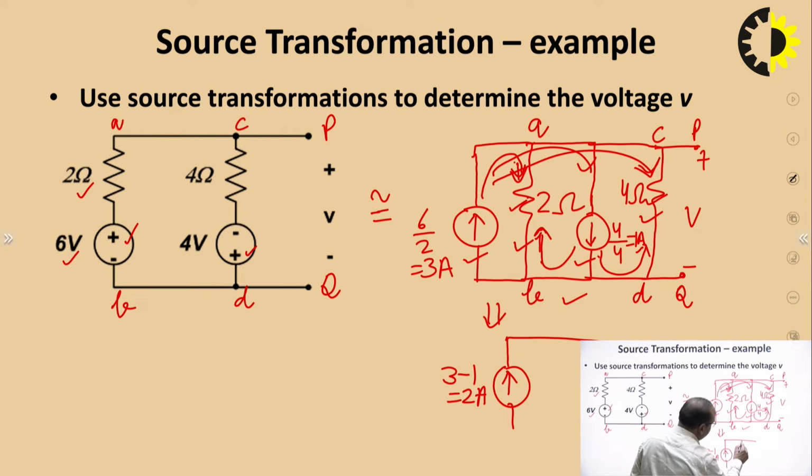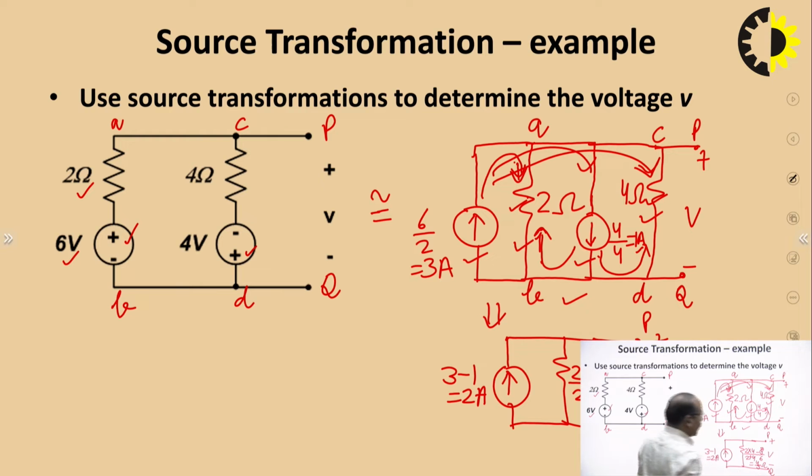And another thing, the equivalent resistance of 2 ohm and 4 ohm will become 2 into 4 upon 2 plus 4, and that becomes 8 by 6, that means 4 by 3, and these terminals are P and Q, where we are to find voltage V.